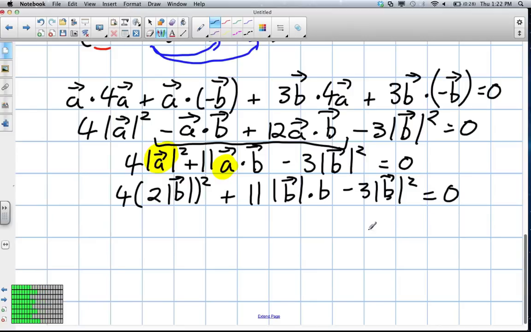So what we've done is we've replaced all of the A's in the equation with the idea of B here. So when we do that, we're going to simplify what we've got in these two terms here. So this one here is going to become 4B squared plus 11.